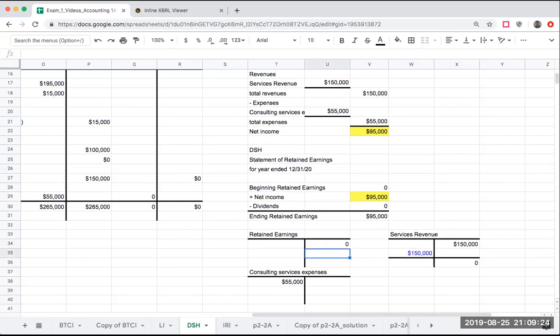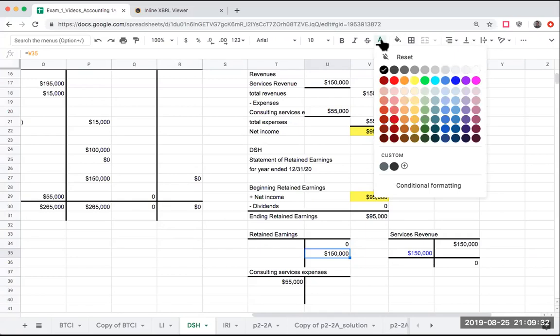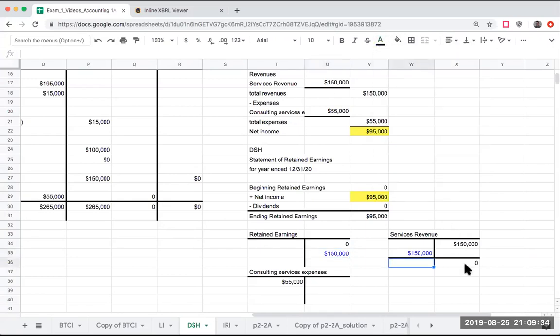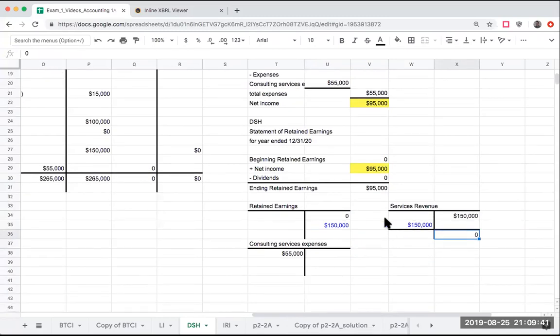So over here in retained earnings, I'm going to credit $150,000. After I've done this, what's my new balance in services revenue? 0. Correct.